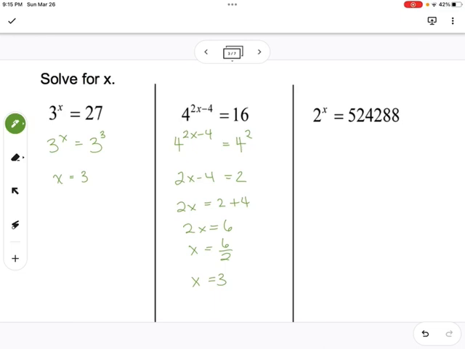Okay, once you find it, so our answer here to get the 524,288 is 2 to the exponent 19. So once you have the common base, we have just our exponents left, so x equals 19.